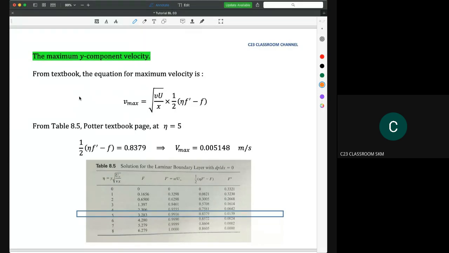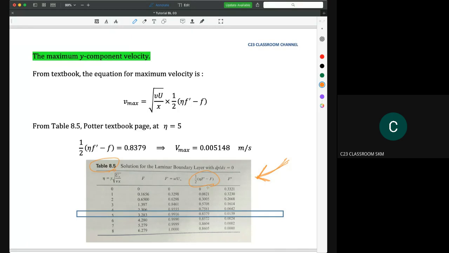At this stage, I will show you one table that you could get from the textbook. It is table 8.5. In this table, they give you the value of this one, 1 over 2 eta f prime minus f, and in the second half of this solution, I will show you how to calculate this value later on.